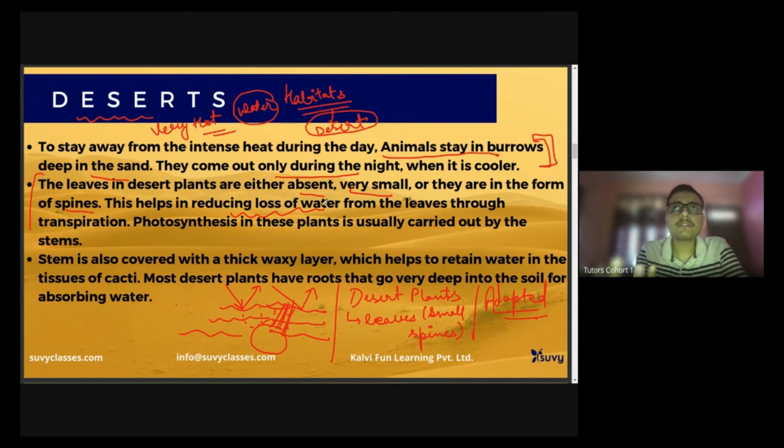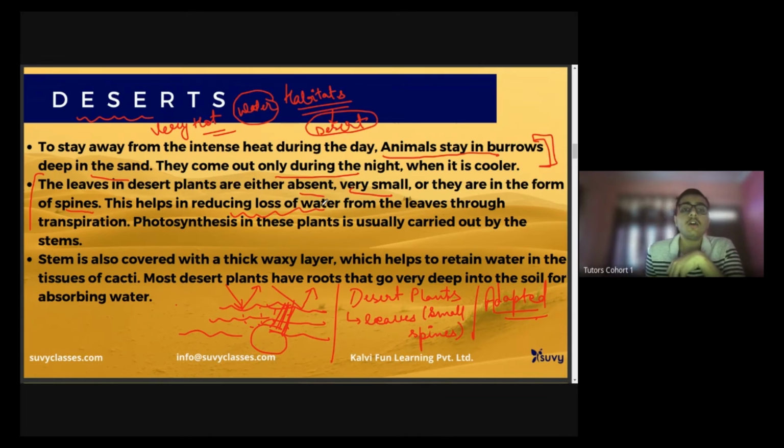You might have studied a term, transpiration. Transpiration is the loss of water from leaves. So if leaves are small, water will be lost in less amount, or if there are no leaves, water will not be lost. So water will be retained by the plant, right? In the desert area where there is scarcity of water, the water will be retained by the plant.